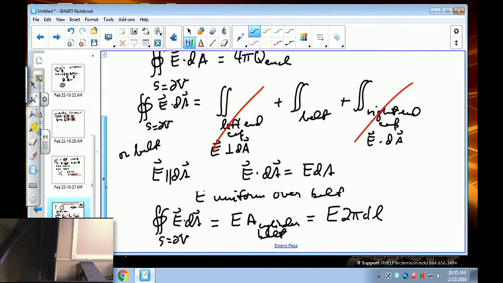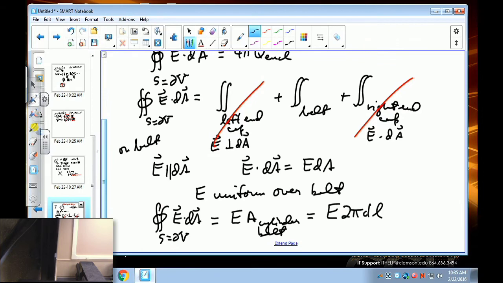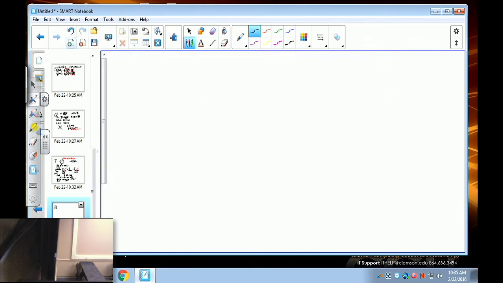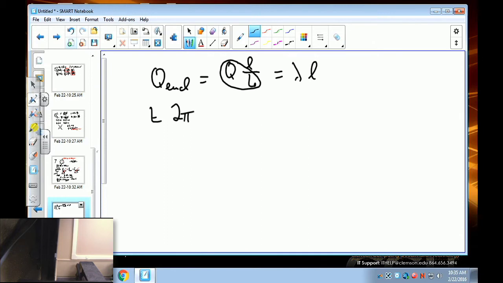Now, we found that the charge enclosed, in this case, was proportional to the length of the cylinder, and this combination is called lambda. And so we have then E times 2 pi times the radius times the length is equal to 4 pi times the charge enclosed.